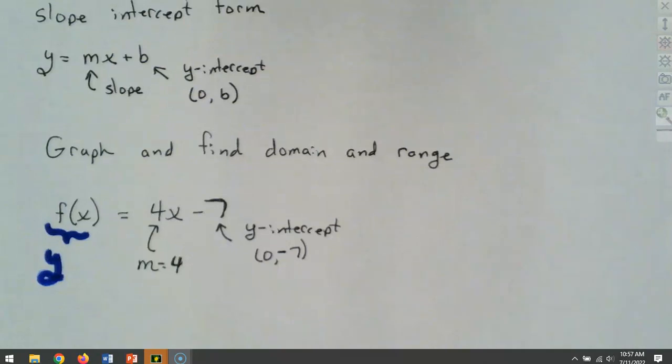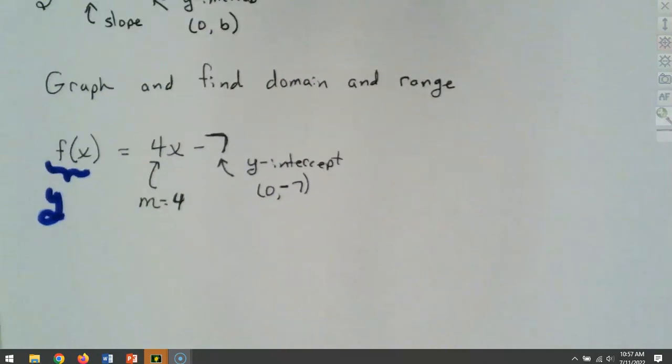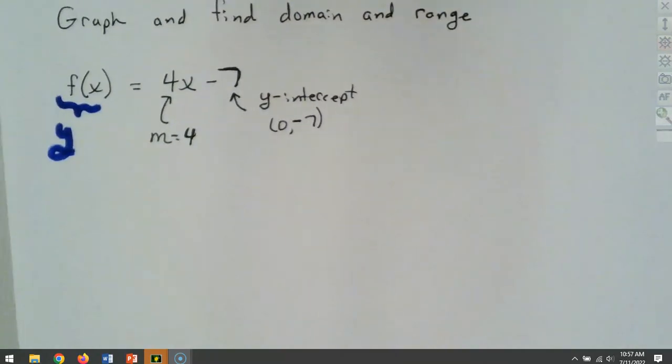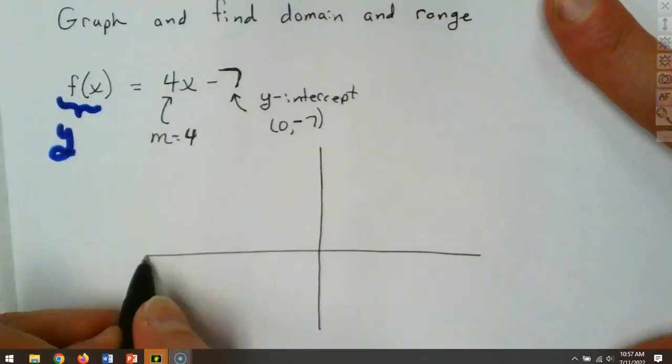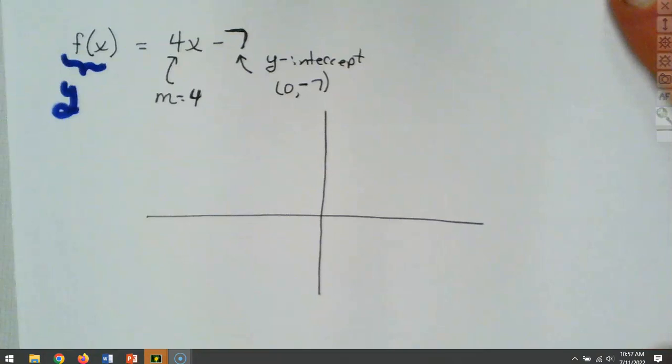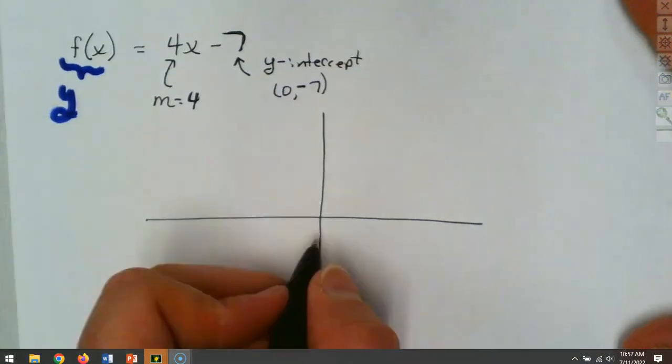So now we're just going to go ahead and graph this quickly here. We've got everything that we need because we have a slope and we have a point. And we did these a moment ago. So we find our point, our y-intercept. So that's down 7 units.